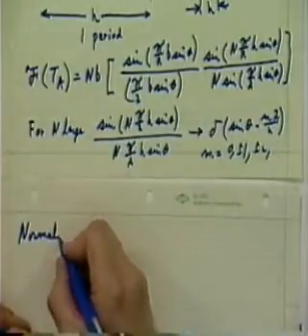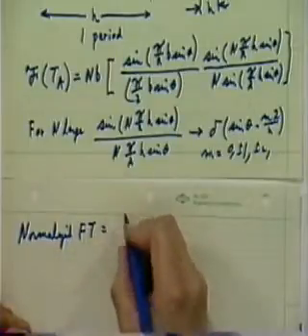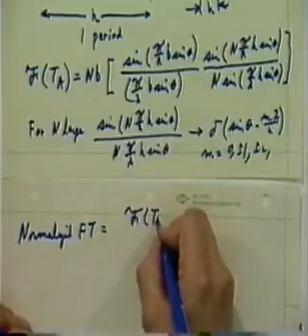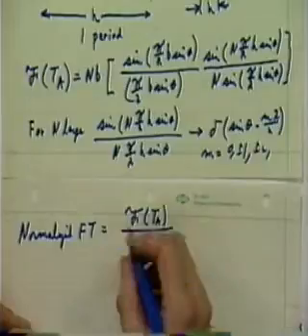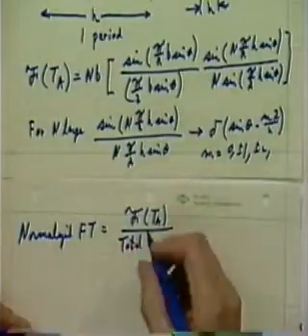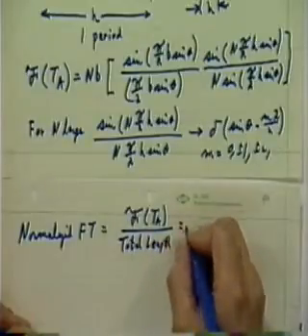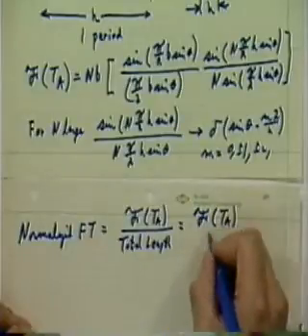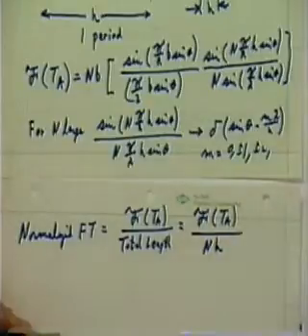So the normalized Fourier transform here is, I'm going to write that as a Fourier transform of this amplitude transmission function divided by the total available area. I'm just doing this in one dimension, so I'll call it total length. And so that's the Fourier transform, T sub A. And we have n slits, and the spacing of them is h, so it's nh.